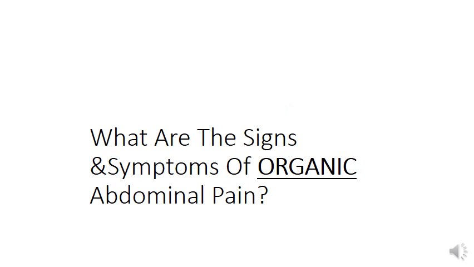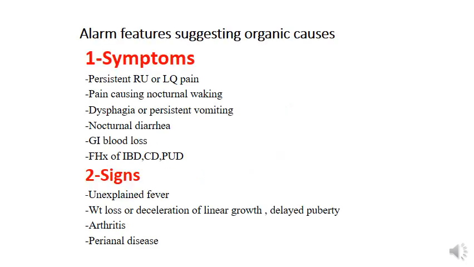What are the signs and symptoms of organic abdominal pain? You should mention persistent right upper quadrant or lower quadrant pain, pain causing nocturnal waking, dysphagia, persistent vomiting, nocturnal diarrhea, GIT blood loss, familial inflammatory bowel disease, Crohn's disease, or peptic ulcer disease.